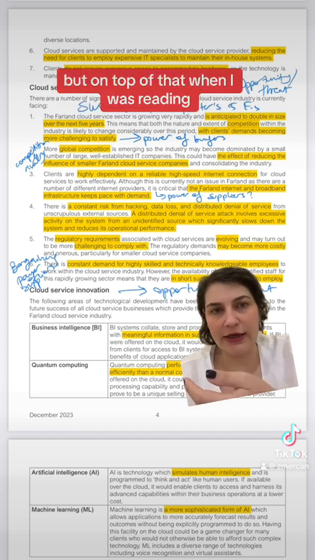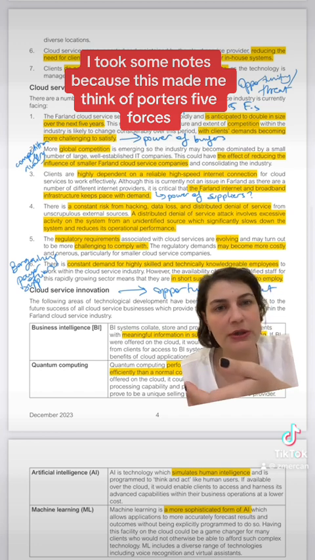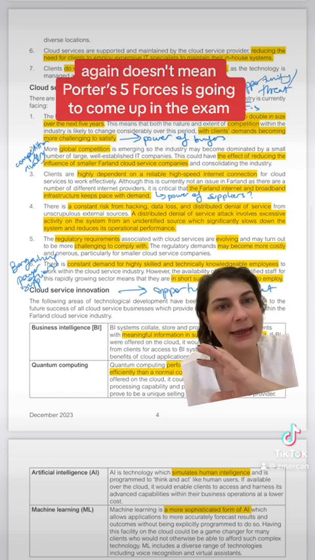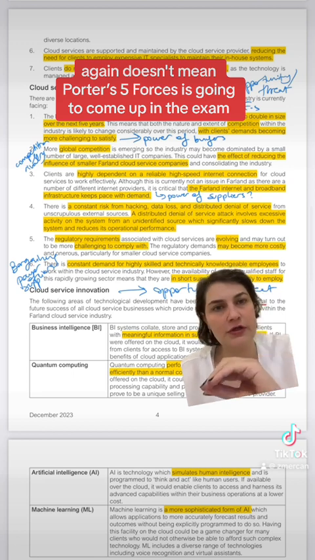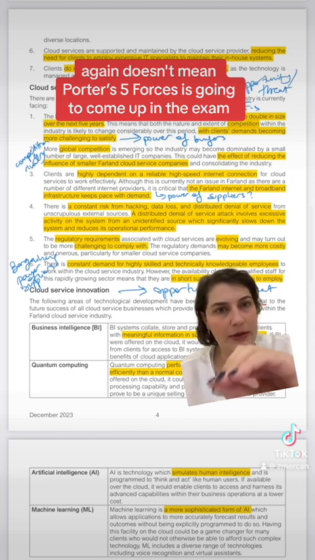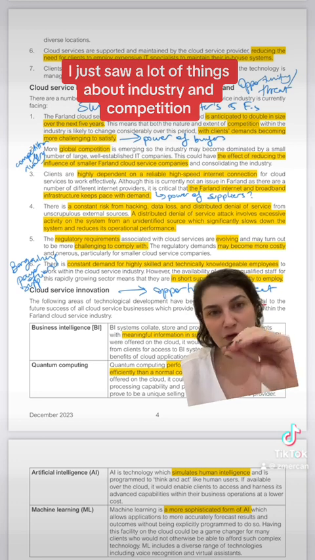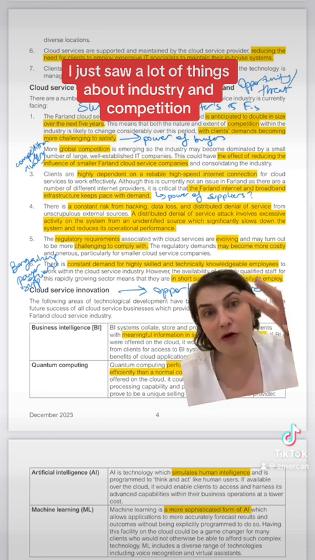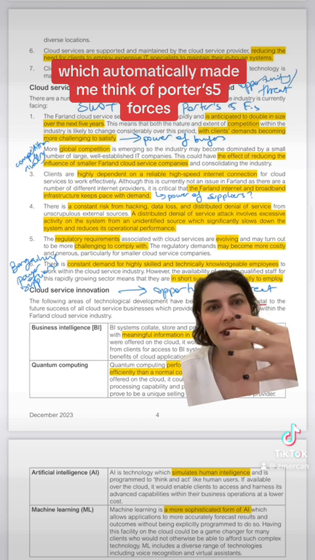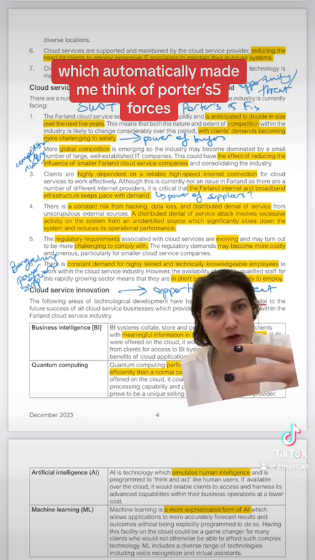But on top of that, when I was reading, I took some notes because this made me think of Porter's 5 forces. Again, that doesn't mean Porter's 5 forces is going to come up in the exam. I just saw a lot of things about industry and competition, which automatically made me think of it.